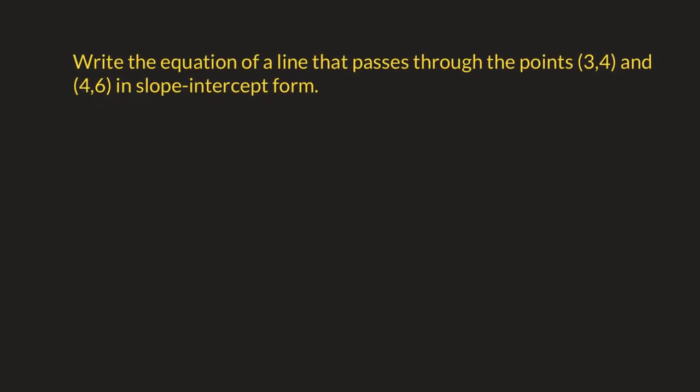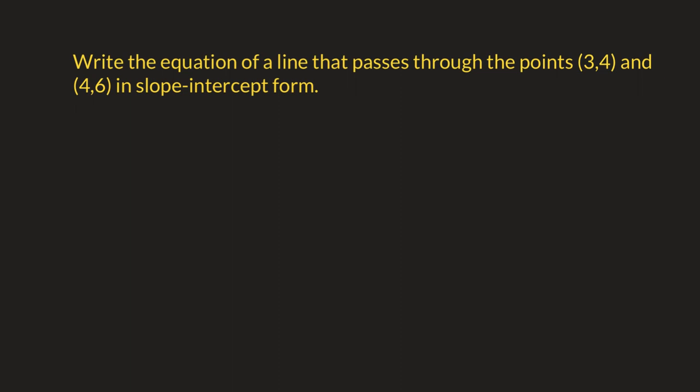Write the equation of a line that passes through the points 3, 4 and 4, 6 in slope-intercept form. So what kind of information have you been given?